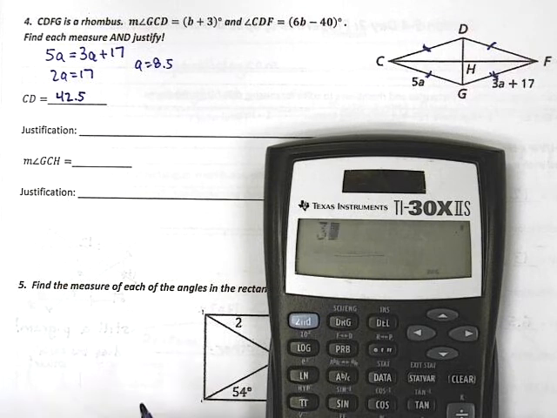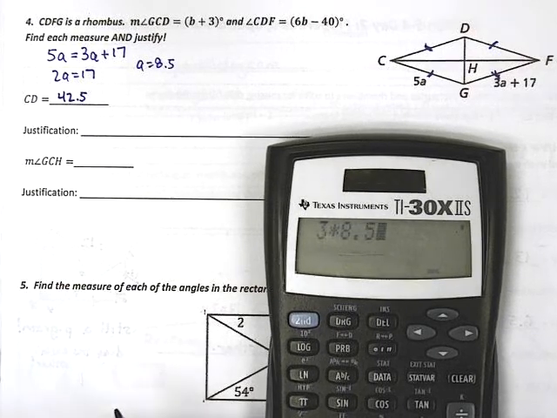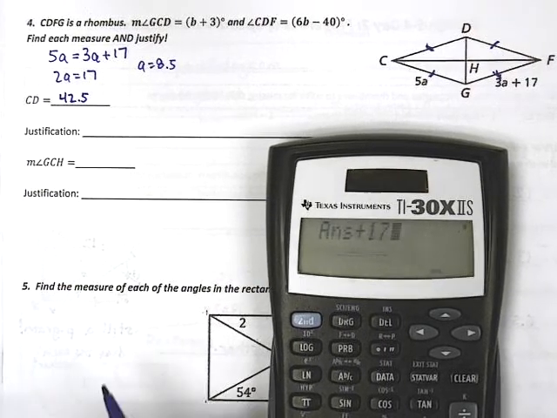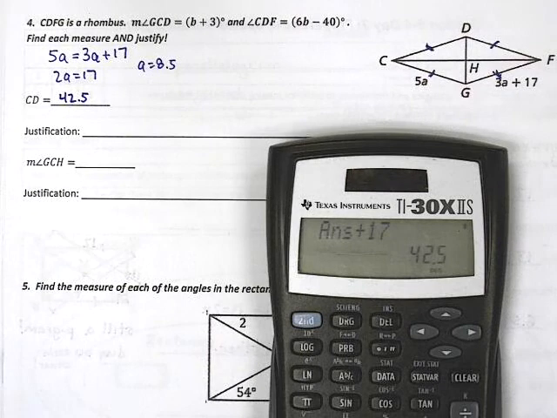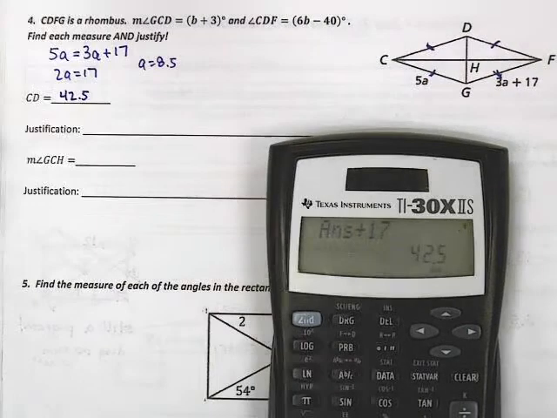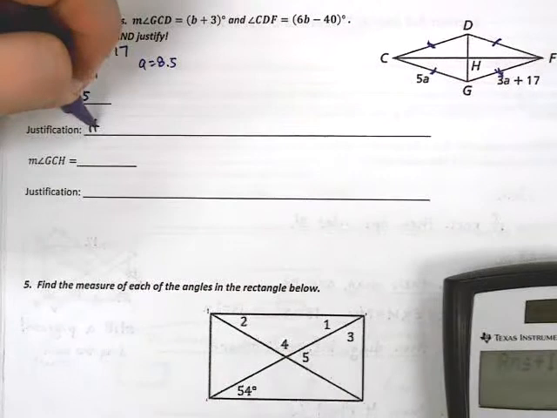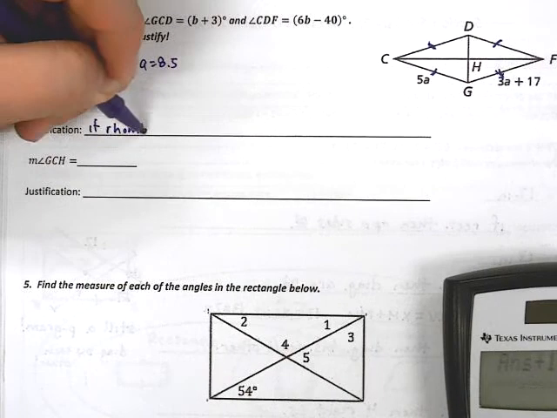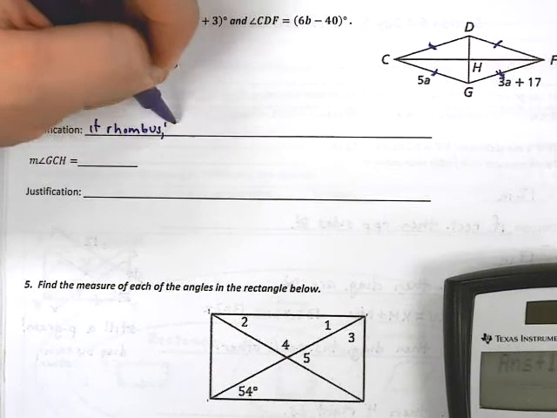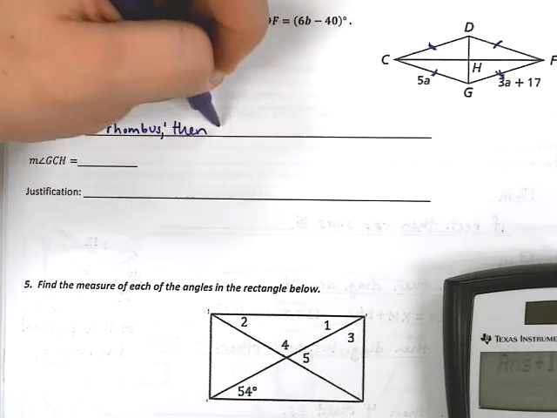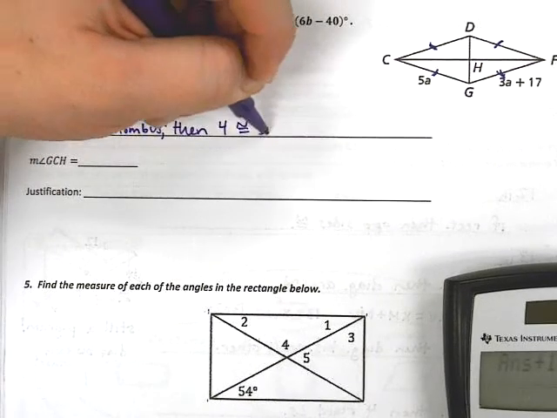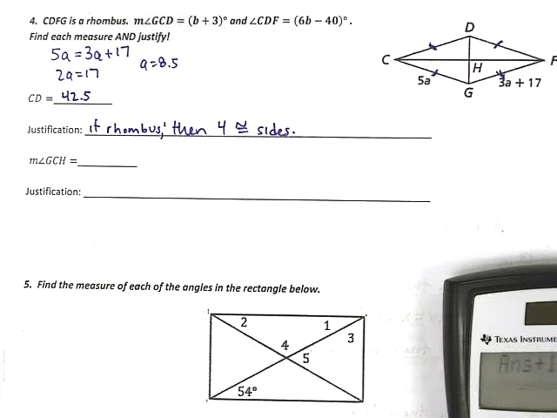Oh, I did 5.5. 3 times 8.5 plus 17. Excuse me, sorry guys. Okay, 42.5. So we're good here. What did we know? We said because if rhombus, then 4 congruent sides.